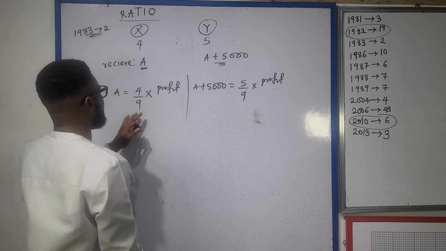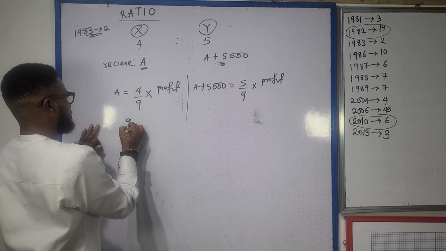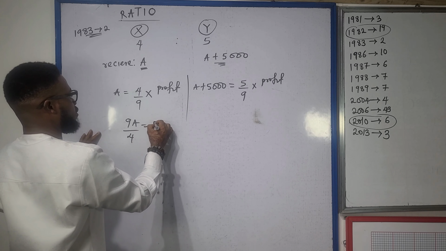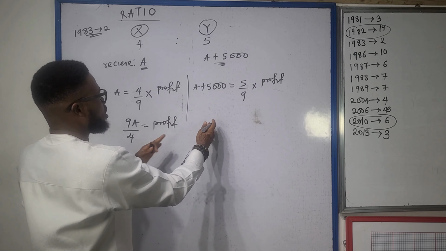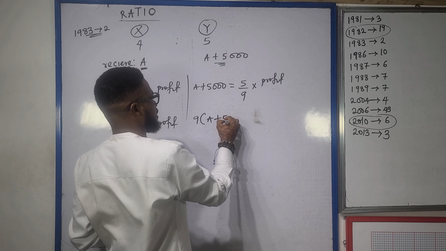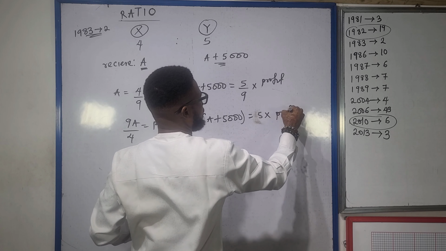So what this means is 9A divided by 4 equals the profit. And what this means here is 9 into bracket A plus 5,000 equals 5 times the profit.